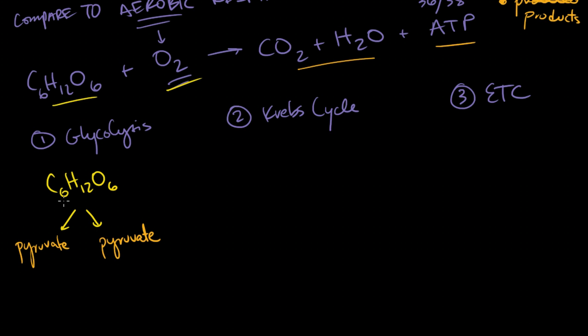If there's 6 carbons in glucose, then each one of these has 3 carbons in it, which is key, and we'll come back to that. But notice that glucose is our only input here.